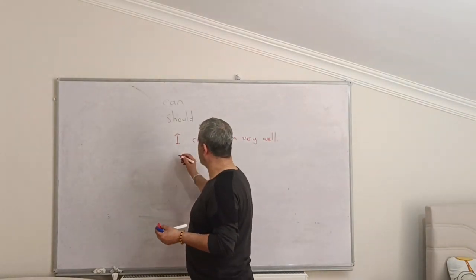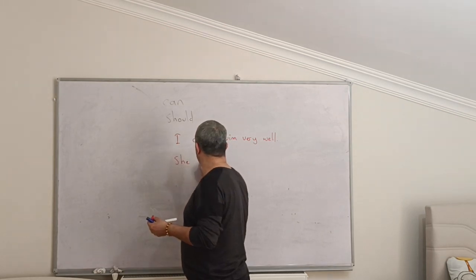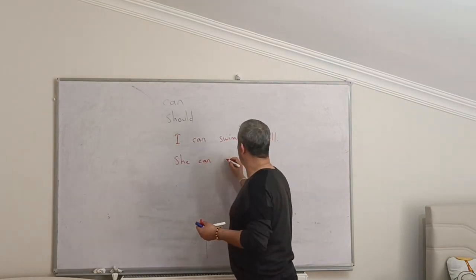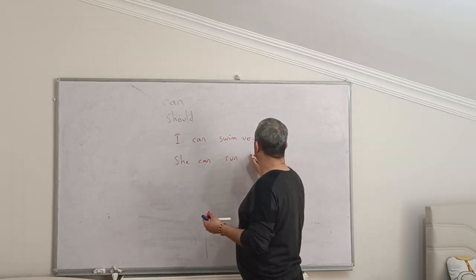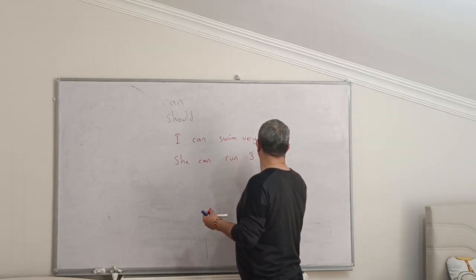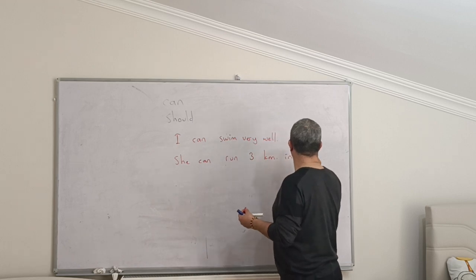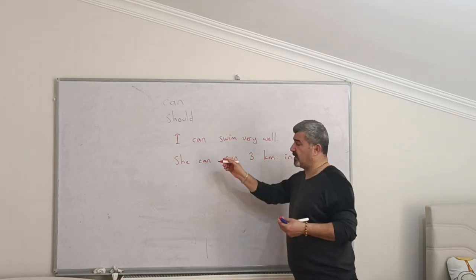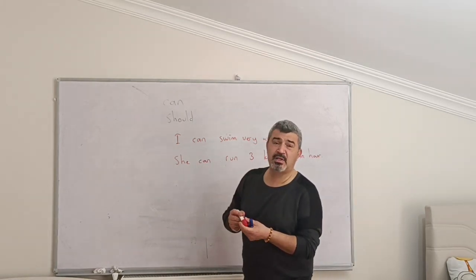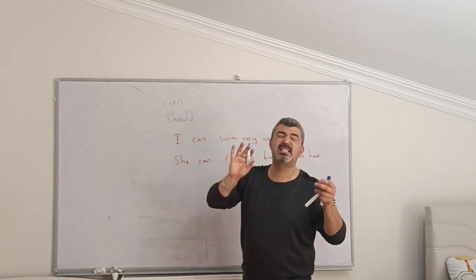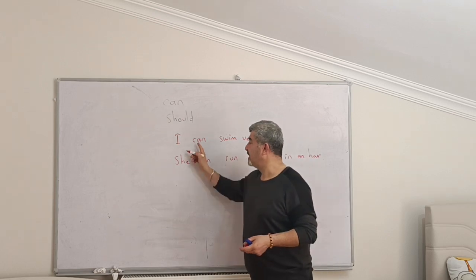Or another example, she can run, for example, 3 kilometers in an hour. So there's a girl and she can run 3 kilometers. With all the subjects, we use the same word can. Can doesn't change.